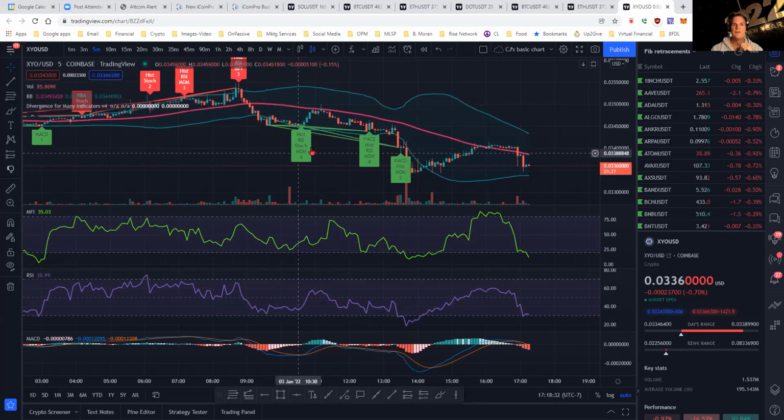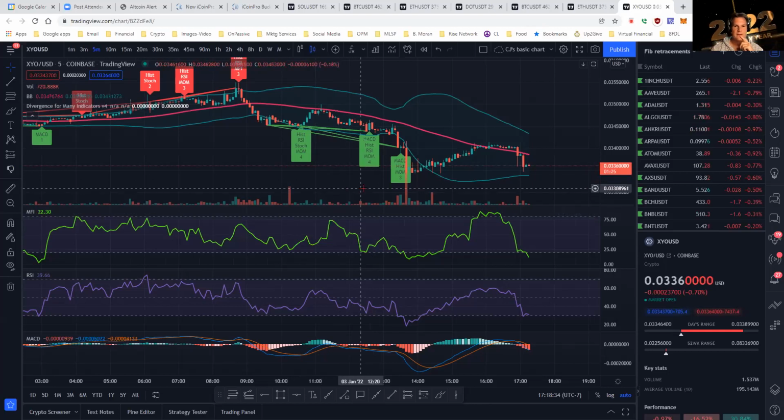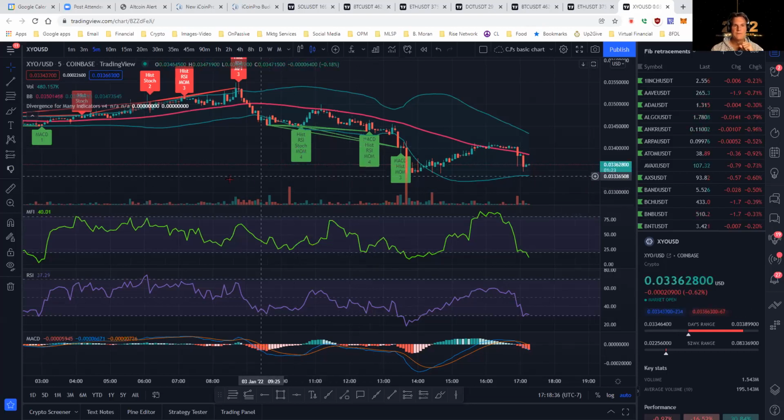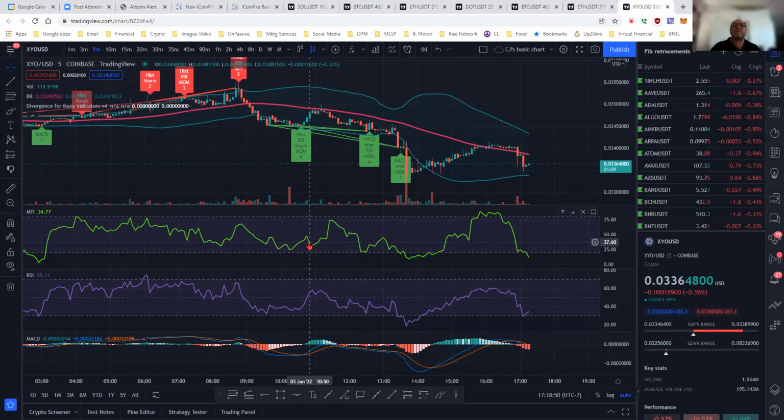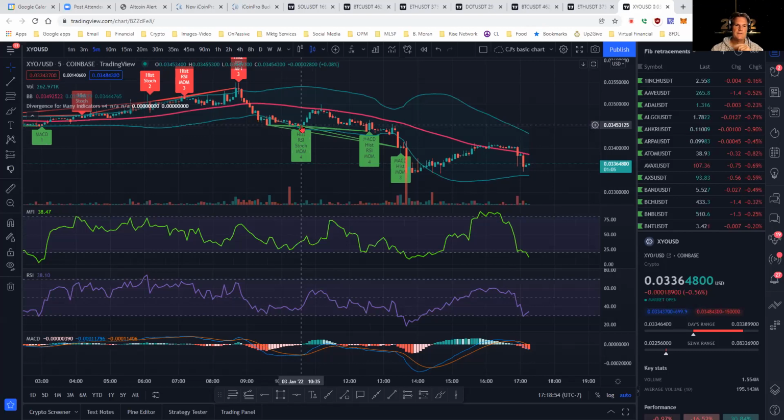is use our divergence and set an alert on that. Because a lot of times, a divergence alert will go off and then you get a pump. It doesn't work all the time. When you're using divergence, you have to confirm it with other indicators. So what I like to do is, let's say I get this alert going off here. I'm going to look at my MFI, the money flow index, and my RSI, the relative strength index.